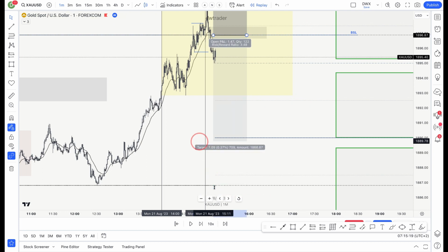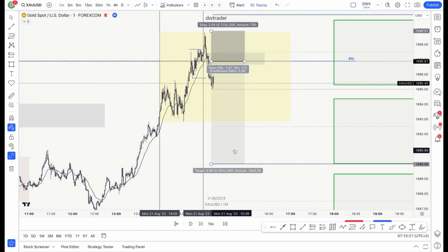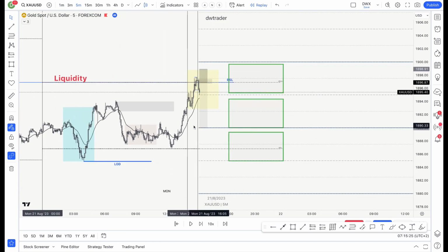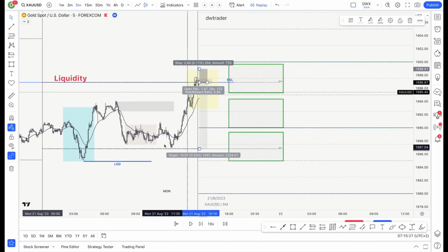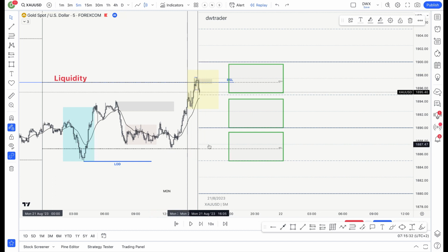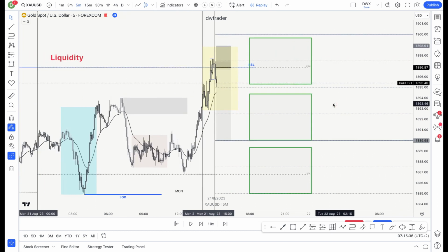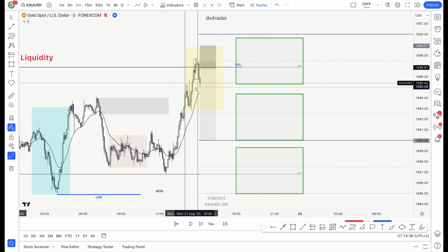That's more or less the idea. I only traded it down until this area. I think that was my objective. But you can see we could potentially trade it down to this high low that was formed just outside of New York session, but we're going to keep it clean and clear. 3.3 risk to reward. The idea is to find a trade as price retraces into this area and then take a sell going lower.